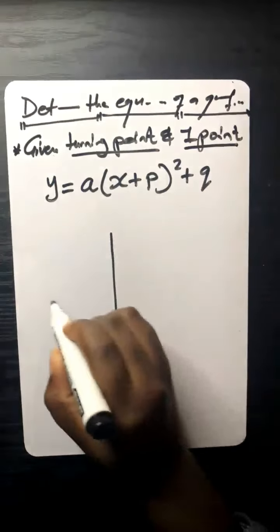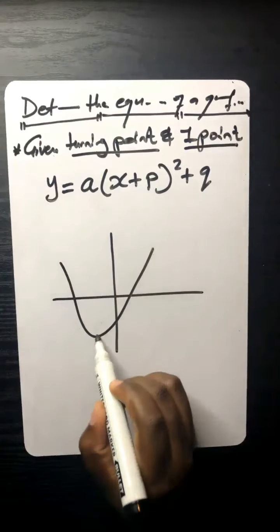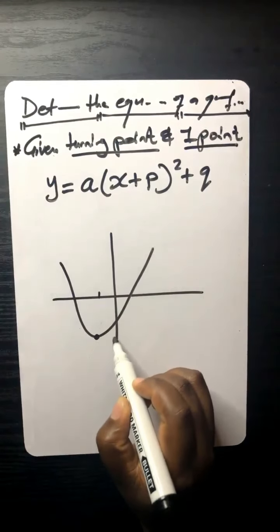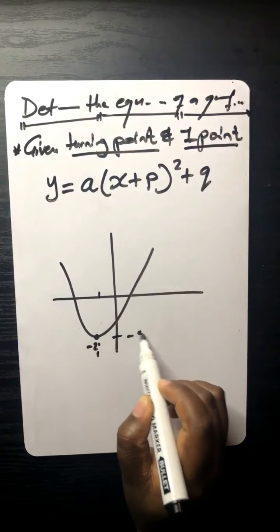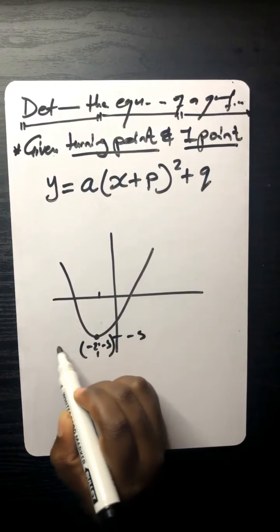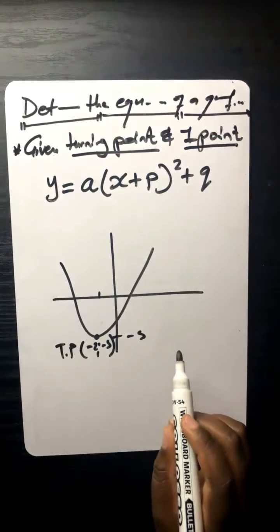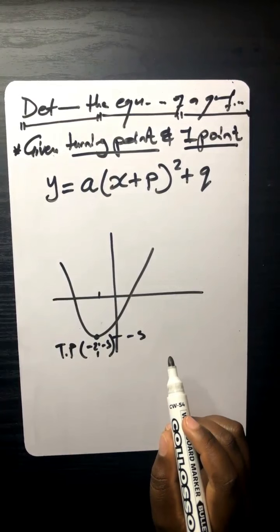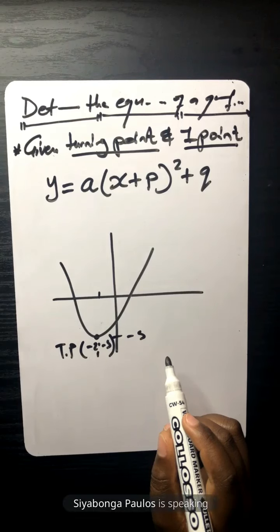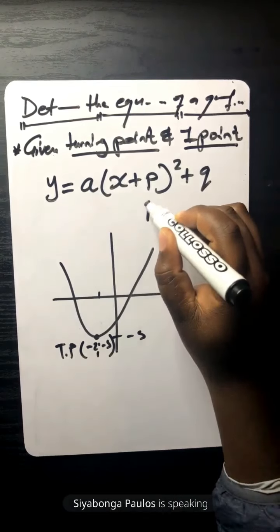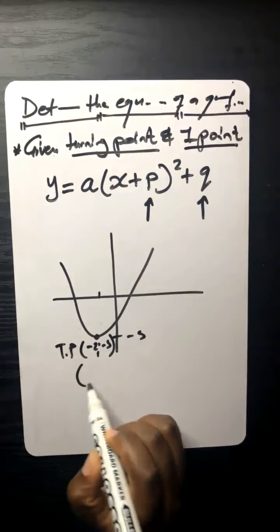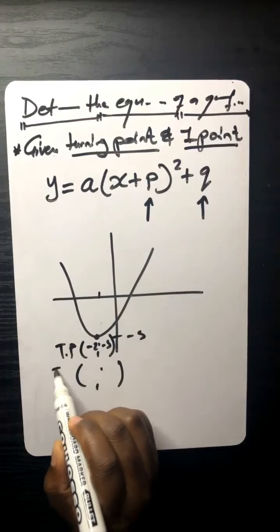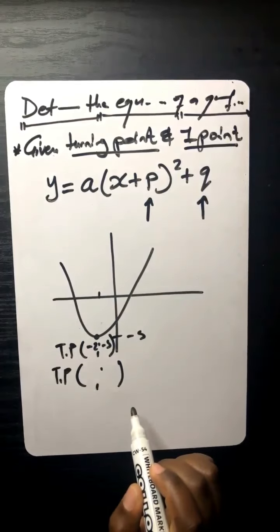So let's say, for example, you've got something similar to that. And this is maybe that point there being, let's say, -2, and this one being -5. So this is your turning point. When that bullet says substitute the coordinates of the turning point, it means you need to substitute your P and your Q. So remember, guys, between these two values, which one is your P, which one is your Q?